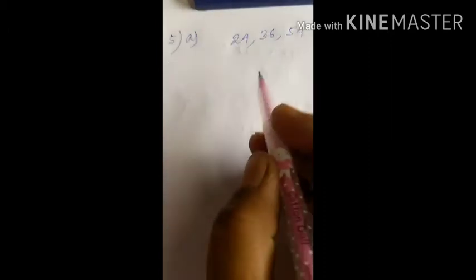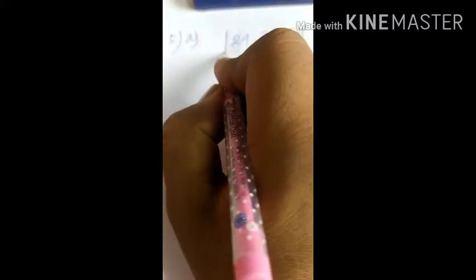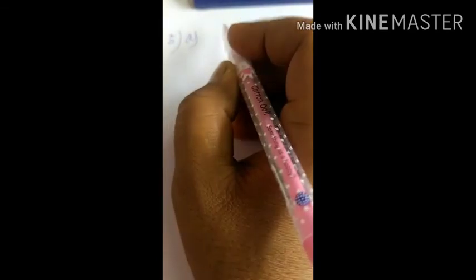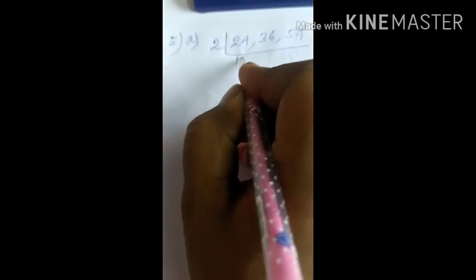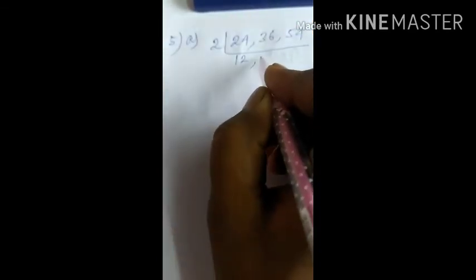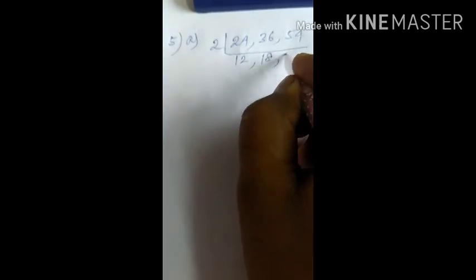now we have to find out the HCF of the given numbers 24, 36 and 54. Okay, so we can find out HCF by prime factorization or by long division method. In this case I will show the process by prime factorization method. The common between these is 2: 12, 18 and 27.